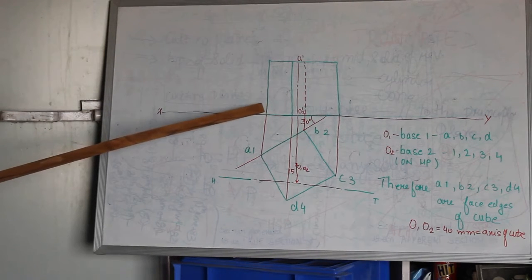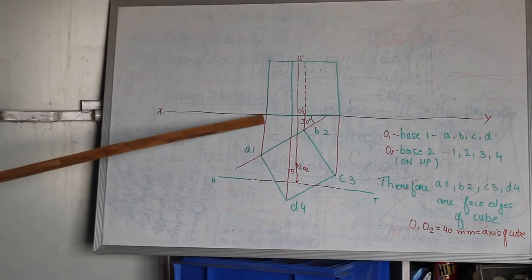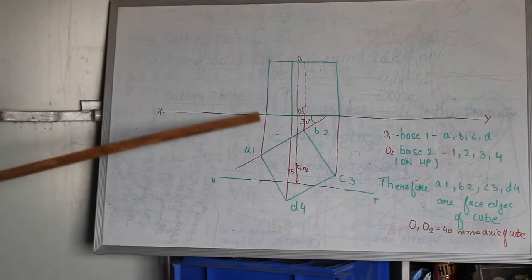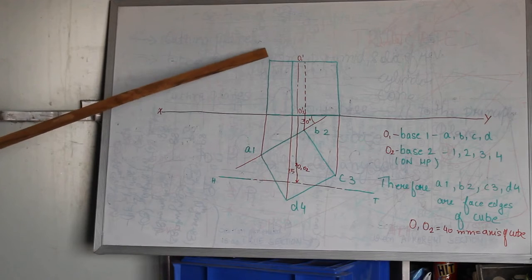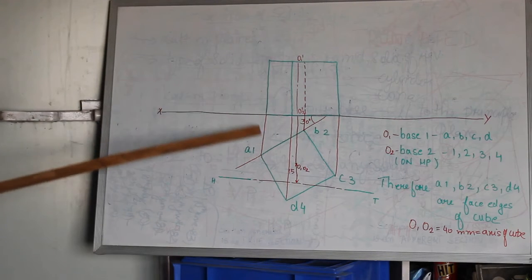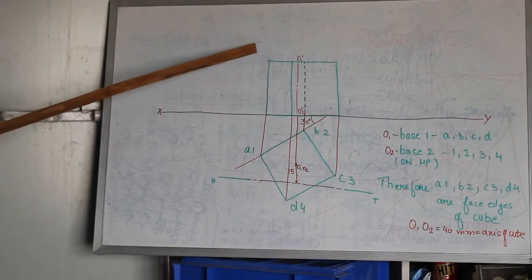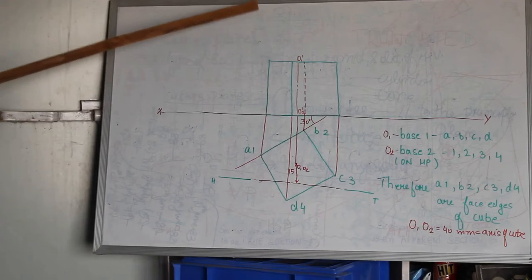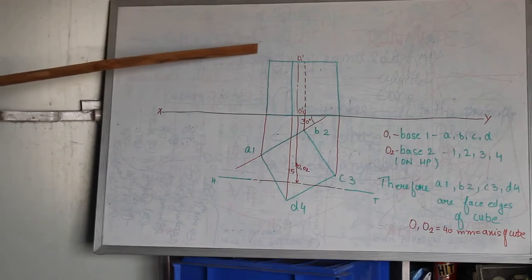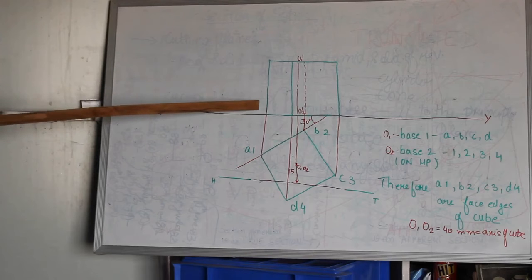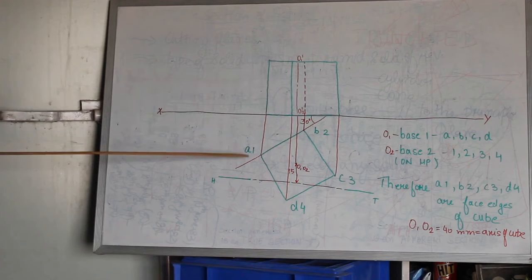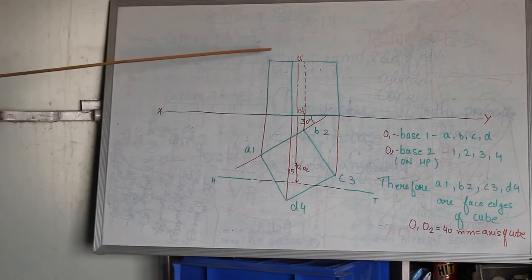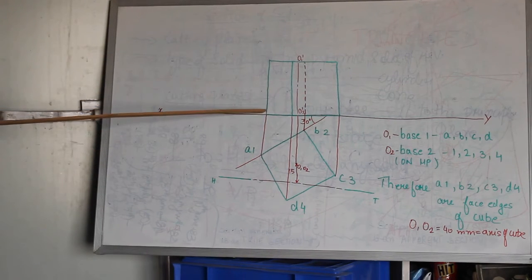Base 2 corner is named 1 because this is the projection line for base corner 2, and this is the projection line for base corner A. When you watch from the top, you will see the first point A, and then the point 1, so it is named accordingly. So we'll name it A, and we'll name it 1.